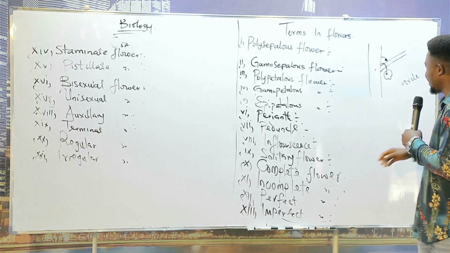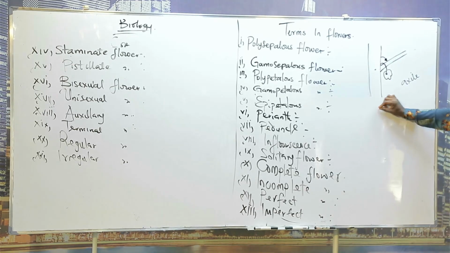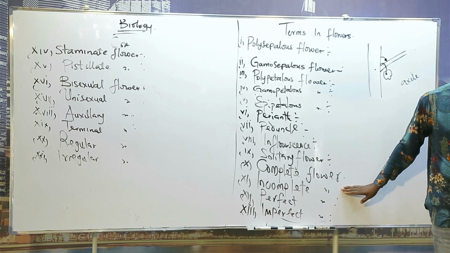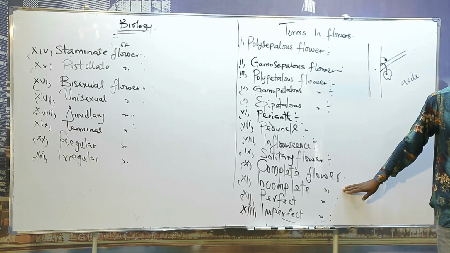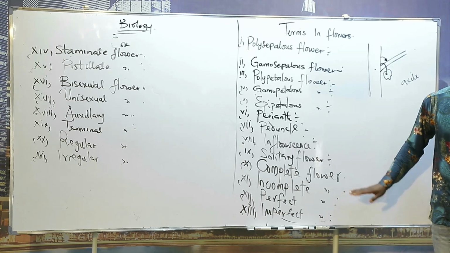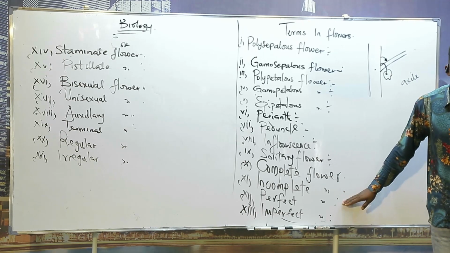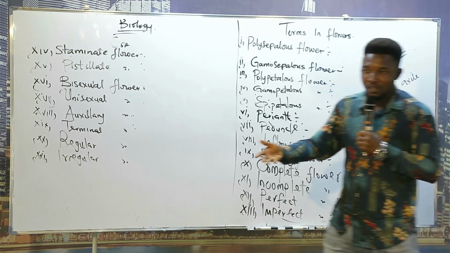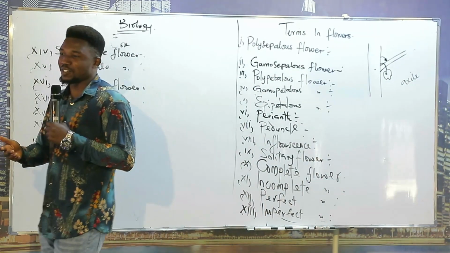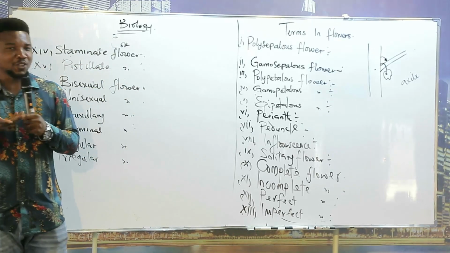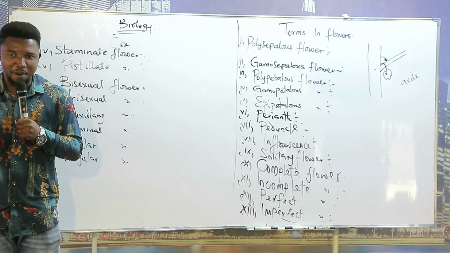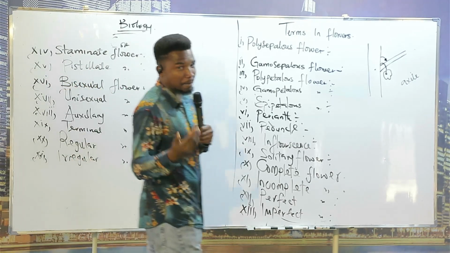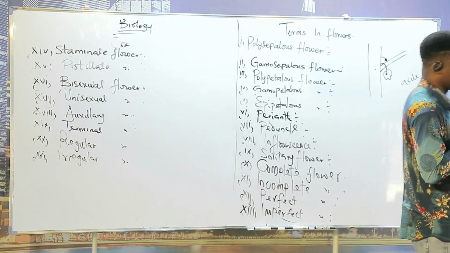Because I've seen a question on that flower, they will just draw a line and write A. They will come down and start asking questions from that A. And if you don't know the first one, that's the second one gone. The structure labeled A is dash. Haven't you been seeing it? So don't think the diagram is not important. I'm begging you, you understand?